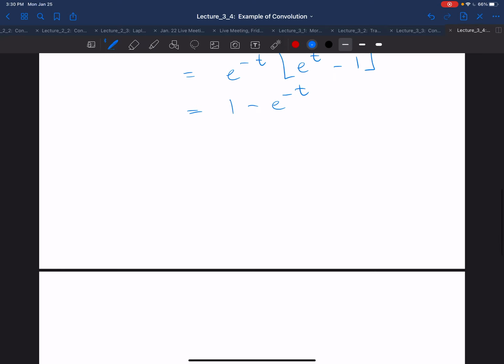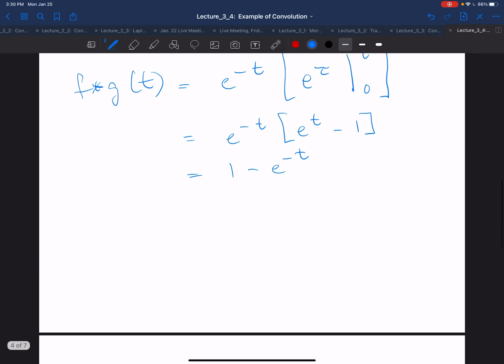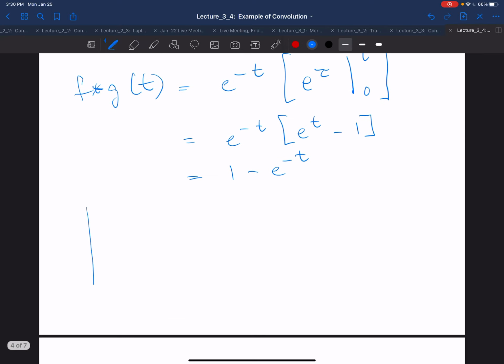So we could start sketching our convolution. We've found out what it looks like when the value of little t is between 0 and big T. And in that case, it looks like 1 minus a decaying exponential.